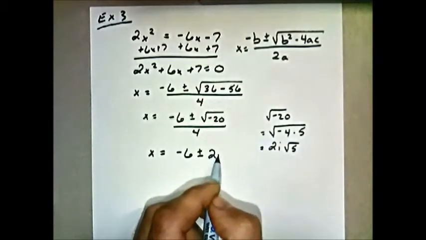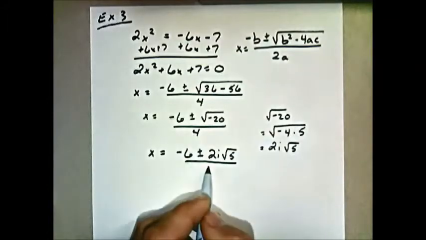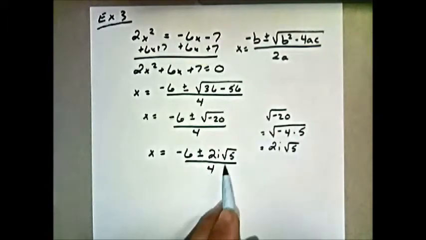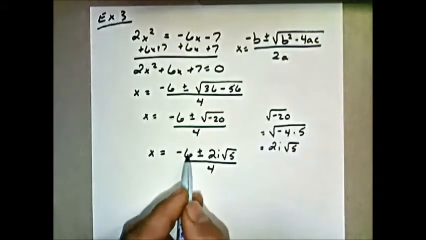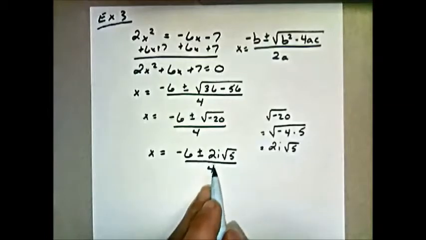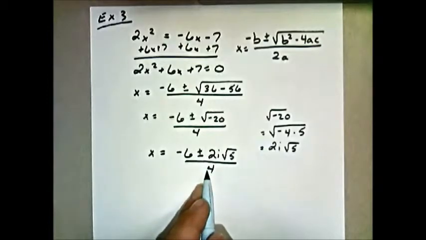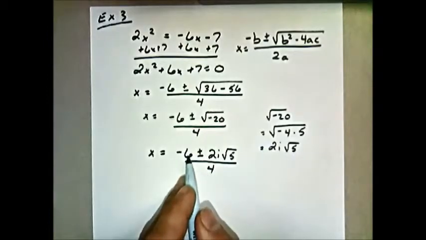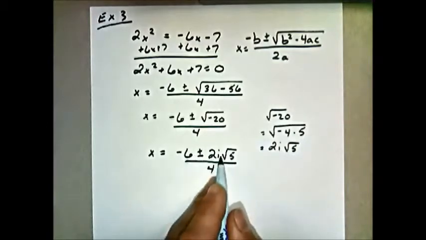So we have 2i radical 5 all over 4. At this point, we've left it, but that was only because we couldn't divide out a common factor between our whole numbers. If you look at negative 6 plus or minus 2i radical 5, we could factor out a 2.